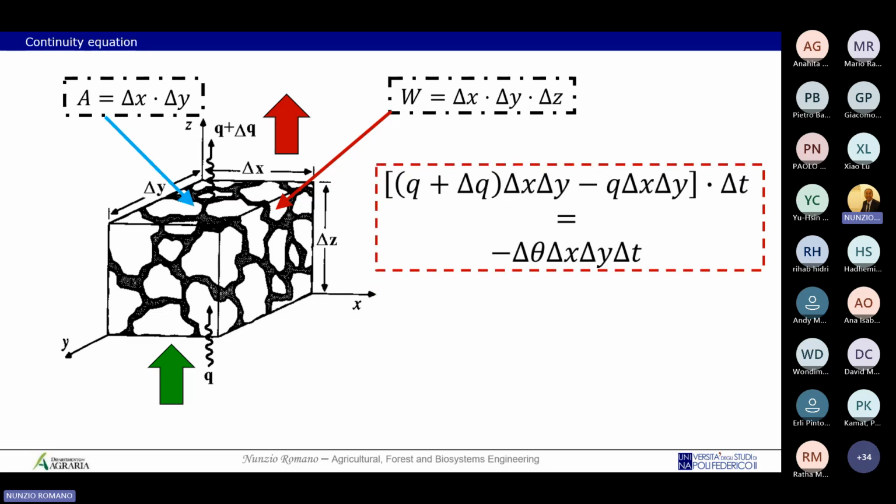This means that in this change of water into the control volume, there is a change in the water content, what we last time have addressed with the theta Greek symbol.